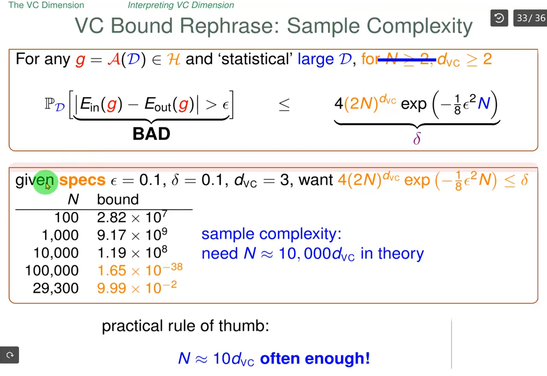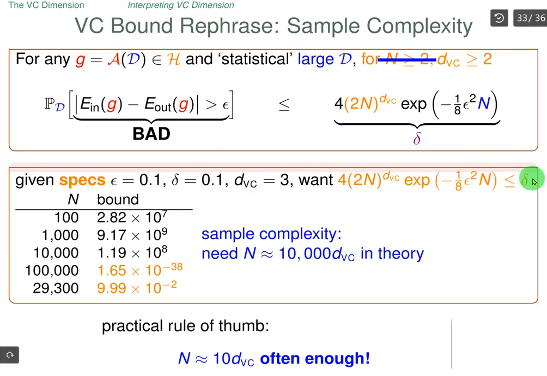So let's first fix the following parameters: epsilon 0.1, delta 0.1, and let's assume that the VC dimension of our hypothesis is 3. As a result, we want this to be equal to 0.1 or smaller than that.